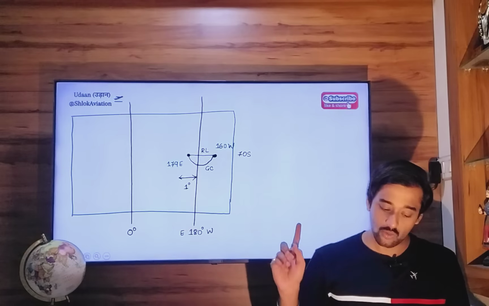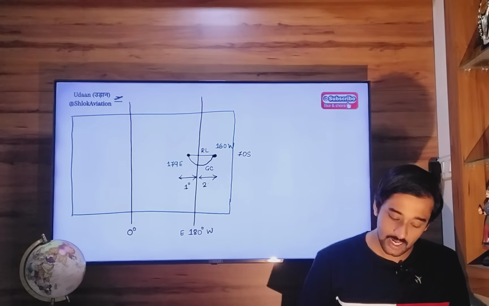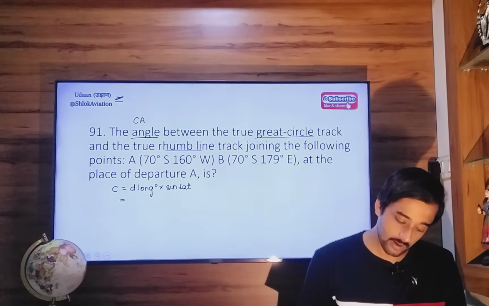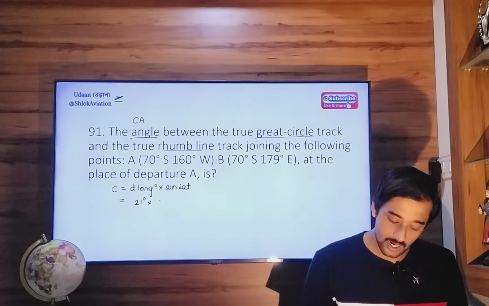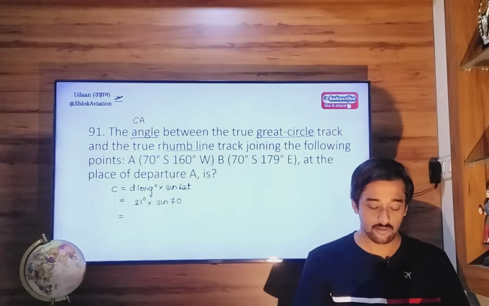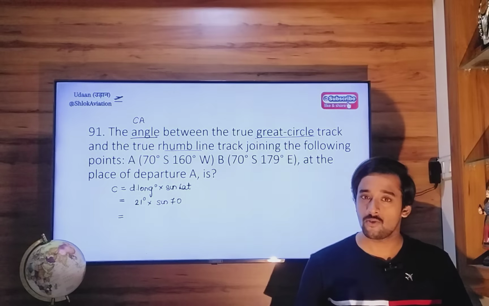The difference between 160 west and 180 west is equal to 20 degrees. So total D long will be 21 degrees, 20 plus 1, 21. Sine of latitude, so sine of 70 into 21 is 19 degrees 44 minutes.